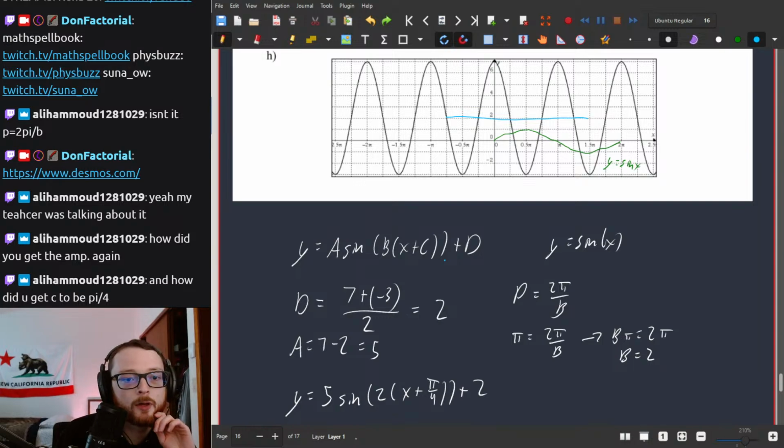So you have to look at the graph that you're actually given, and basically right before a peak, look for where it intersects with your baseline. It's a little bit difficult to explain this, to be honest. There's probably a better way of explaining this that I'm not thinking of. But C is the distance from this point here to the y-axis. And so that's pi over 4 minus 0.